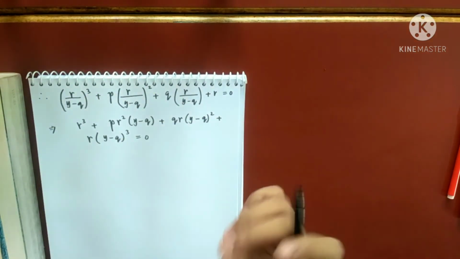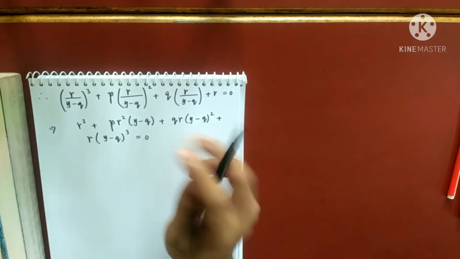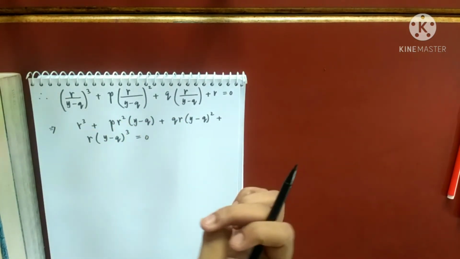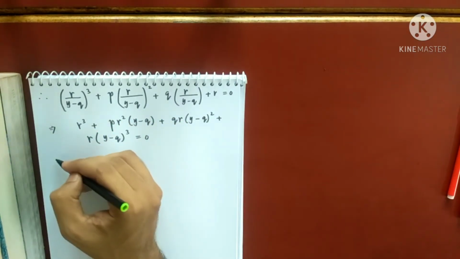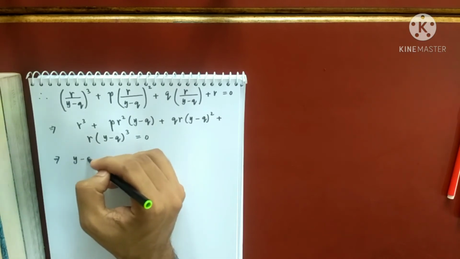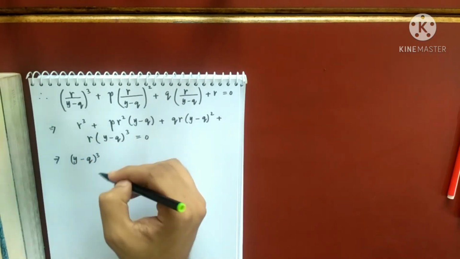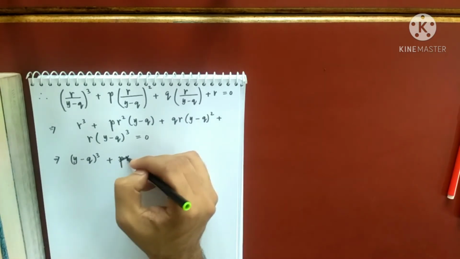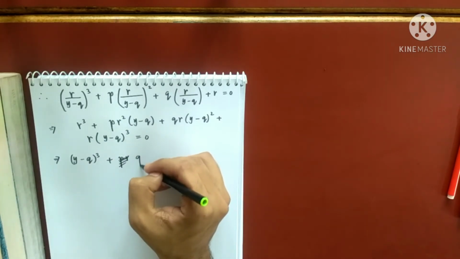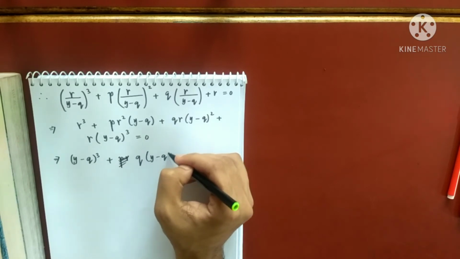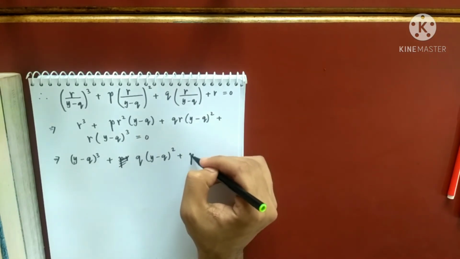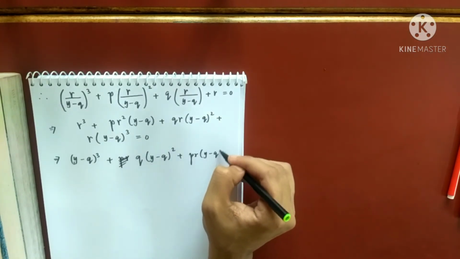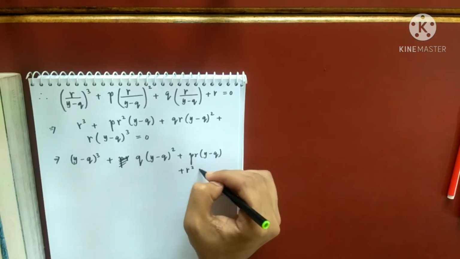I have taken the LCM and simplified, and you see r is common from each of the terms, and assuming r is not 0, I can divide. So what I am getting, (y minus q) whole cube plus q, r is getting cancelled, so r into (y minus q) whole square plus p r (y minus q) plus r square equals to 0.